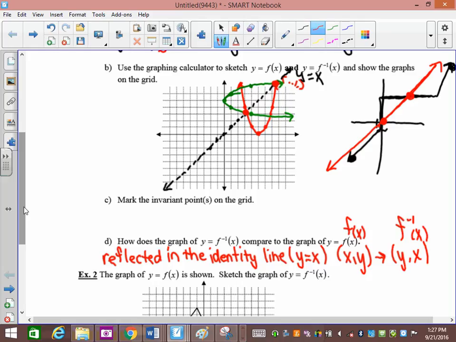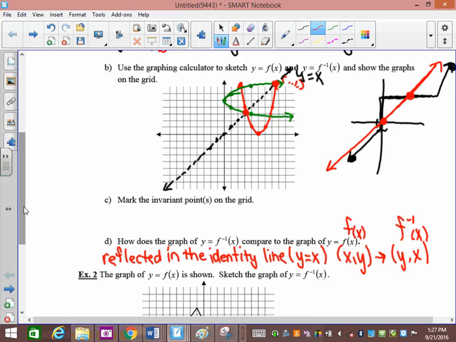If the domain on the original graph is x, the range on the inverse graph would be y, because your x's just become your y's. If the range on your original graph was y is greater than 2, the domain on your inverse graph would be x is greater than 2, because you're literally just flipping your x's and y's.